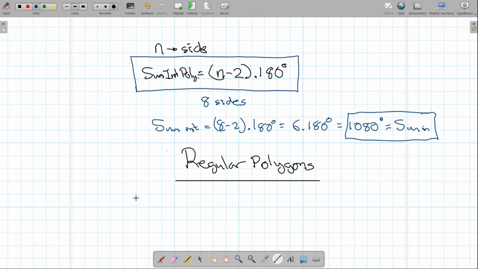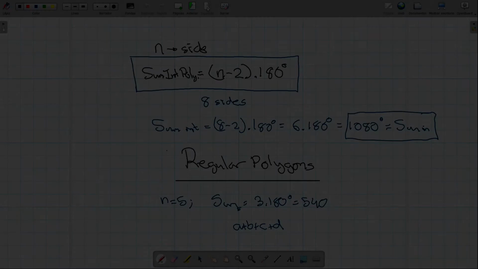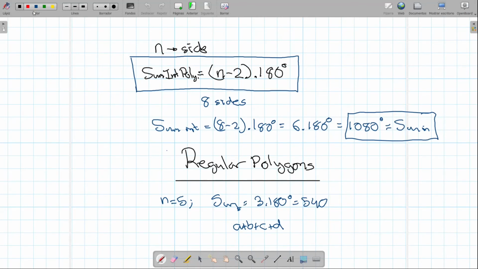For example, we had a five-sided polygon before, a pentagon, n equals 5. So we saw that the sum of the interior angles was 3 times 180, which was 540. Okay, so we saw that A plus B plus C plus D plus E was 540. But now A, B, C, D, and E are all the same.